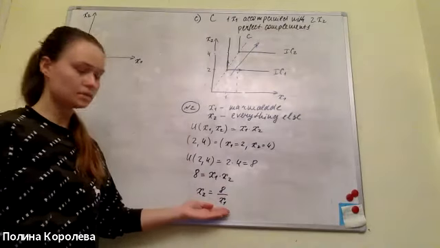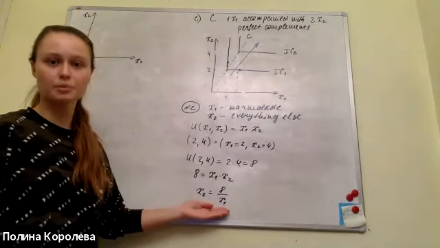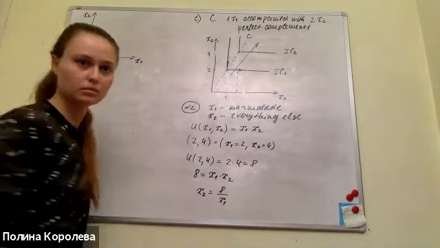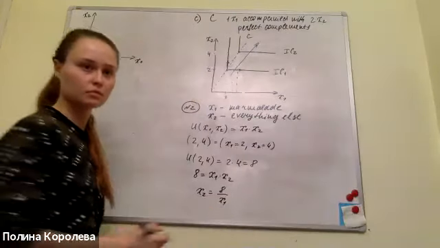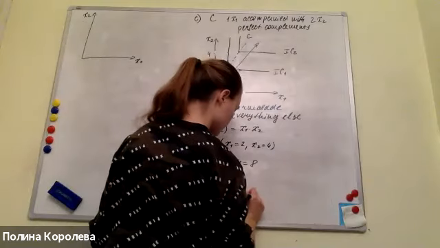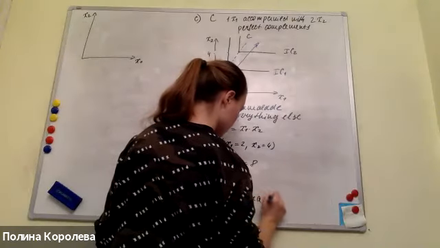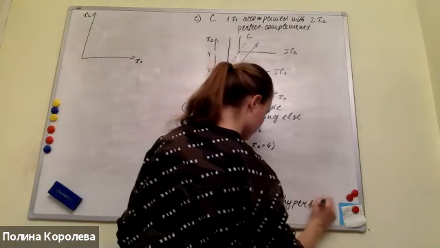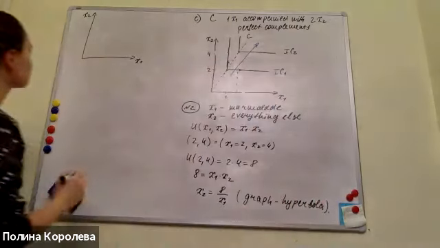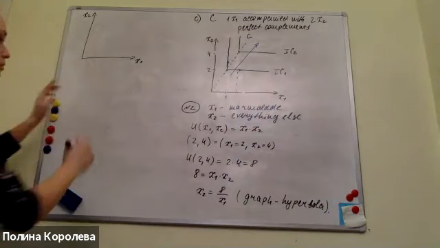The graph for such a function is a hyperbola. A hyperbolic function. Put this point 2, 4.